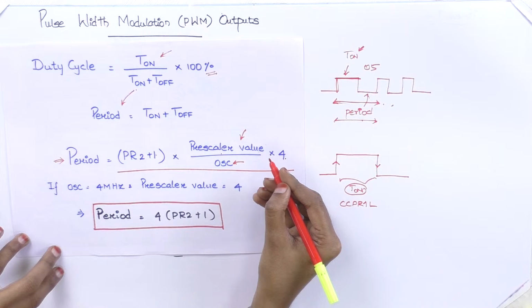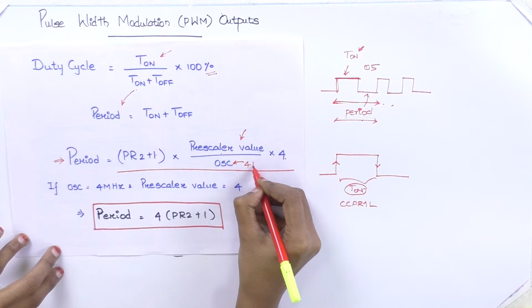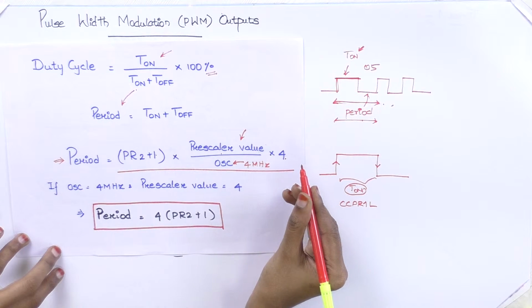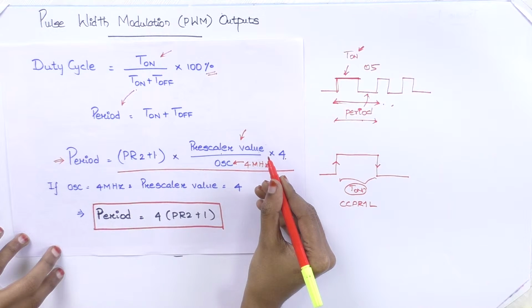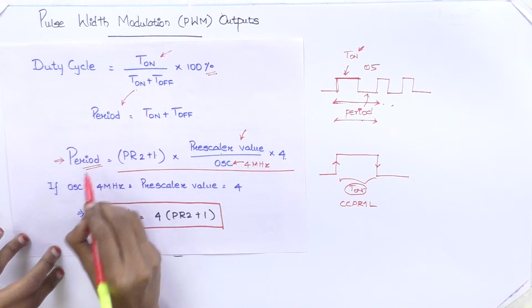The oscillator we will use is maximum 4 megahertz, so that has been fixed here. It can also be 10 megahertz or 11 megahertz. Using this formula we can calculate the period.